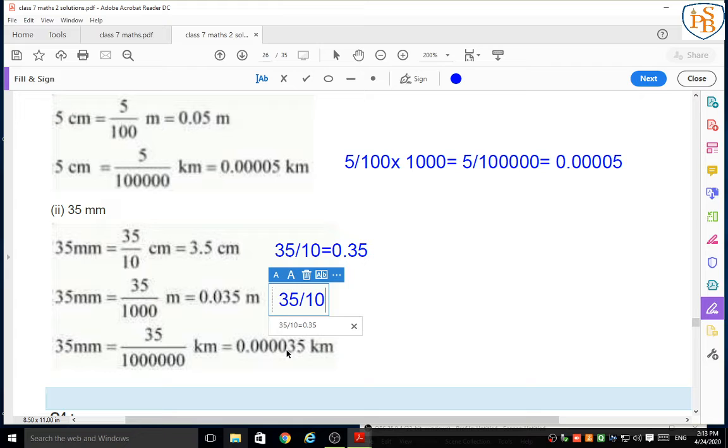So I will write here multiply by 100. So it is equal to 35 upon 1000, which is equal to 0. How many zeros are there? 3 zeros and 35, so 3 places are there.